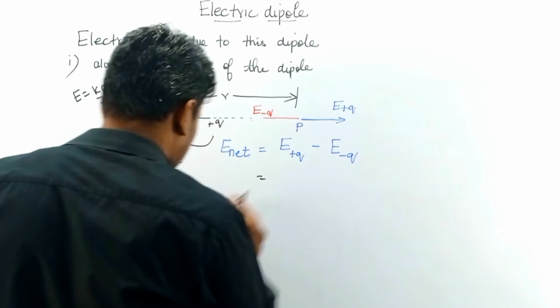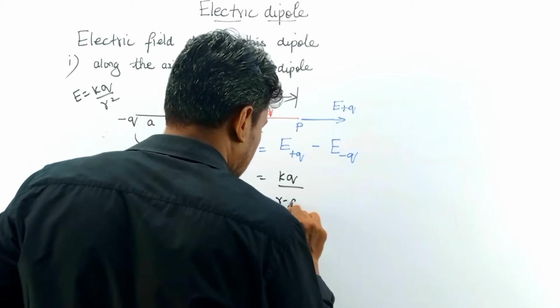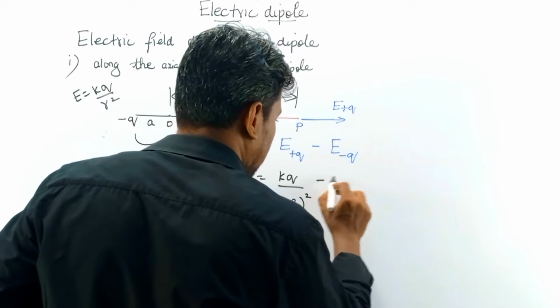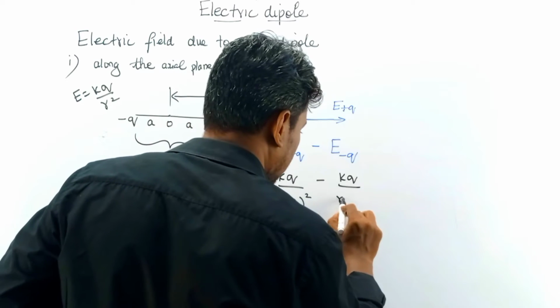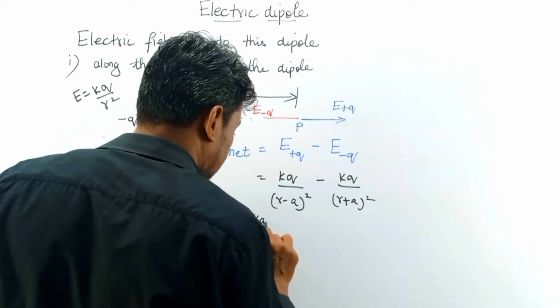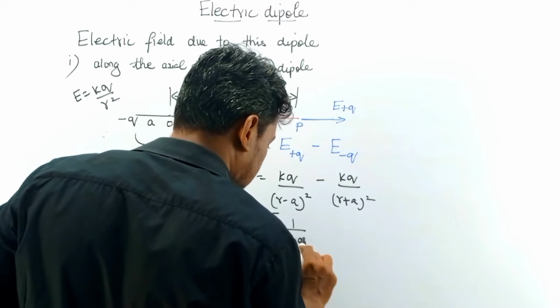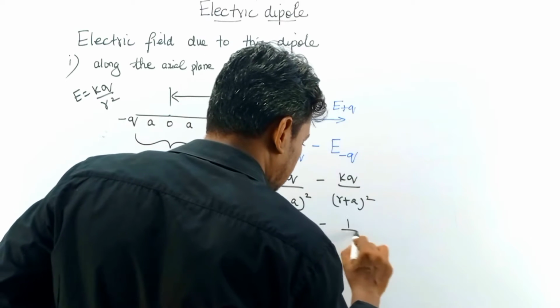E due to this plus Q is given by kQ by (r minus a) the whole square, minus kQ by (r plus a) the whole square. When you take kQ outside, the remaining will be 1 by (r minus a) squared minus 1 by (r plus a) squared.